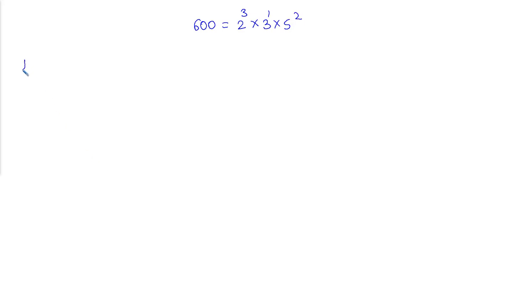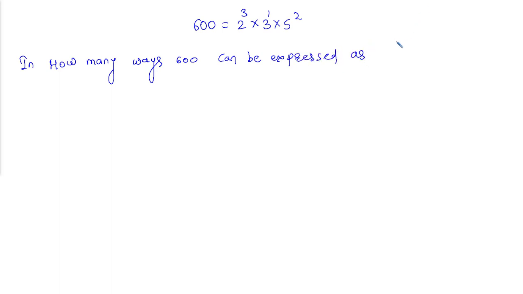The question is, in how many ways can 600 be expressed as a product of two co-prime numbers?